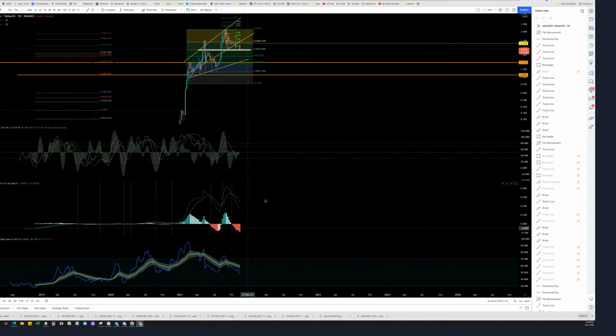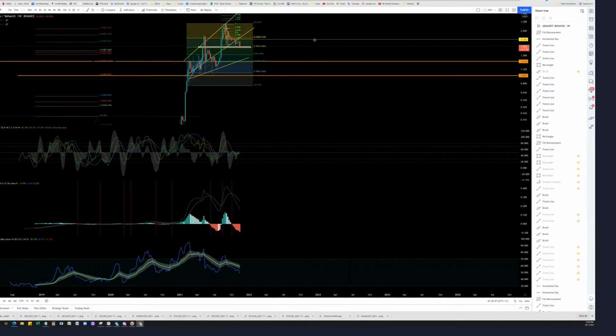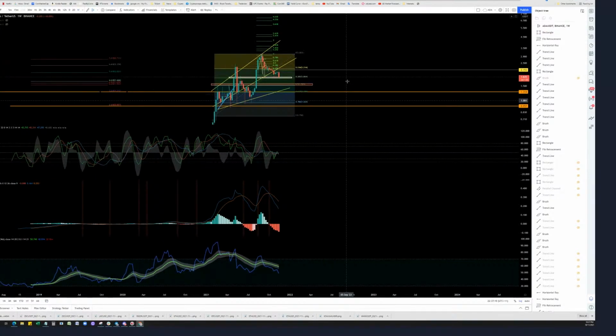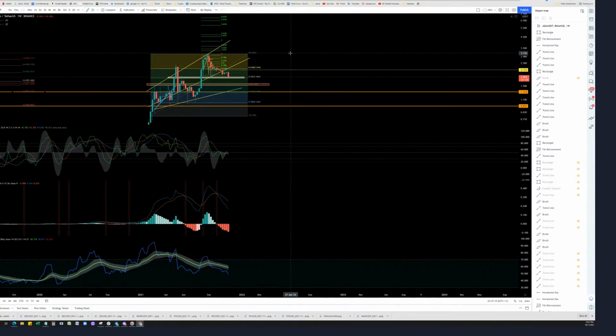So we can potentially, in my opinion, come down to this zone, this level here. If it came down here, I'd buy at this point. I don't know why I drew those lines, but probably just experimenting.